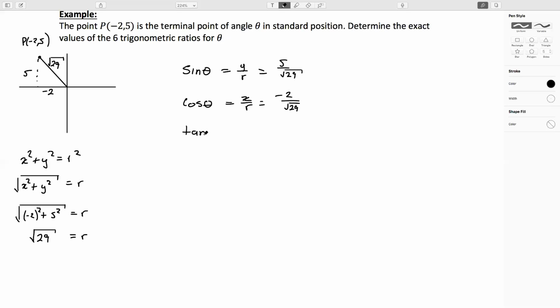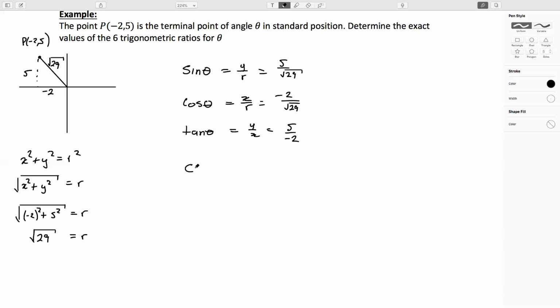Tan theta is y over x, which is 5 over negative 2. And now, well, we should probably do it the proper way. Once you know sine, cos, and tan, you just flip them upside down and you've got cosecant, secant, cotan, but we'll do it the proper way.